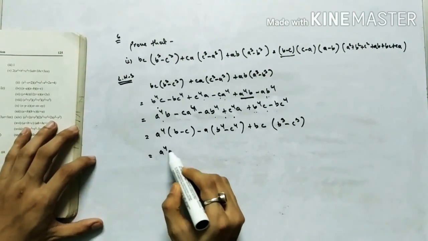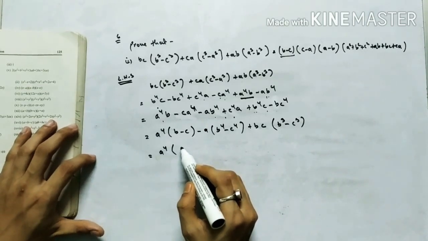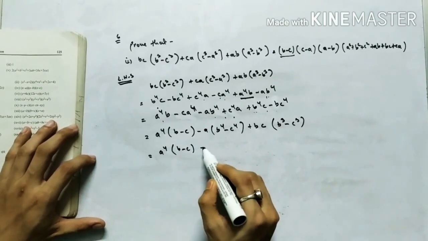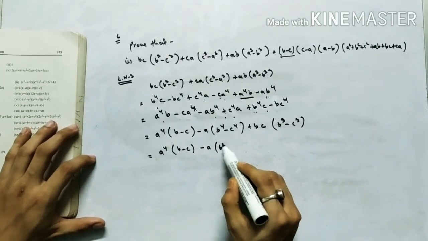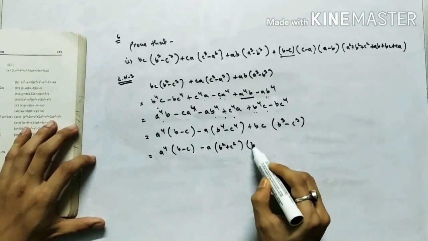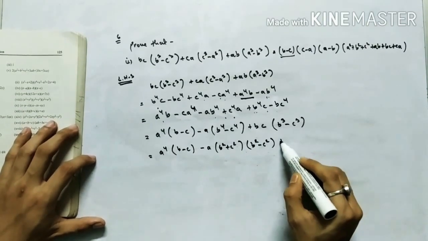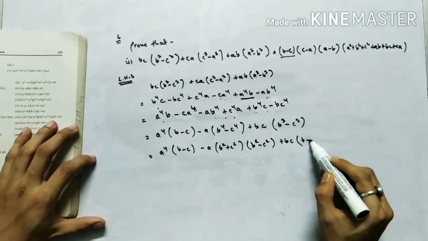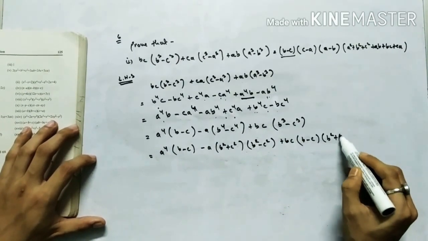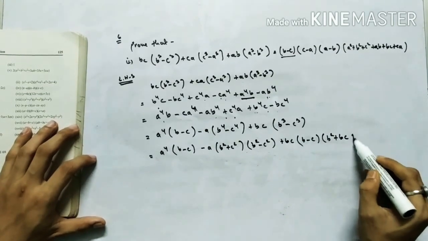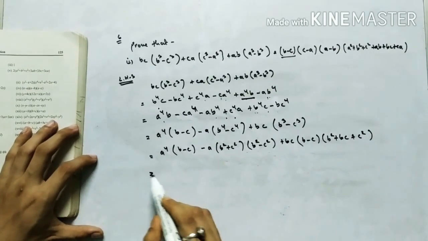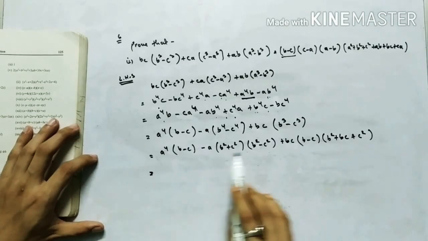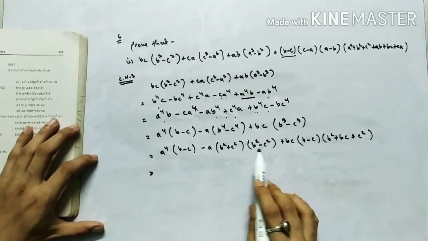So now this is, you see, a4 b minus c minus a, this one, you see, it is b square plus c square into b square minus c square plus bc, and this formula a cube minus b cube, this formula is b minus c, b square plus bc plus c square. Now from these three terms, you see, again this one I can break.